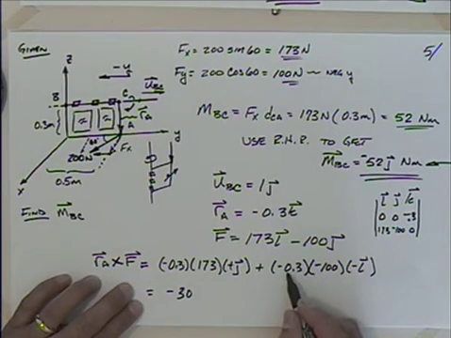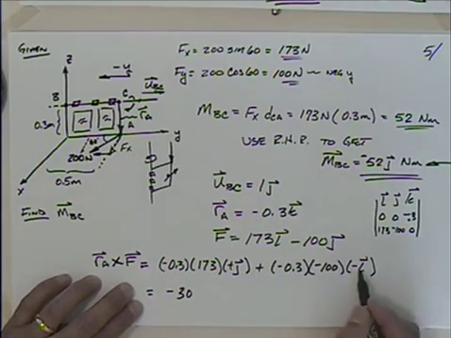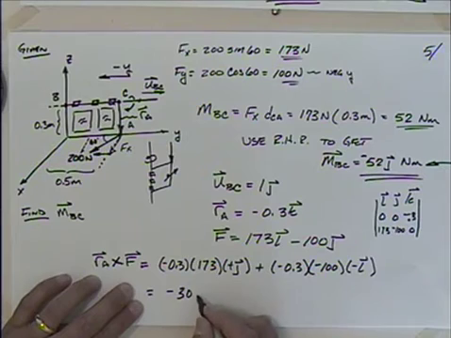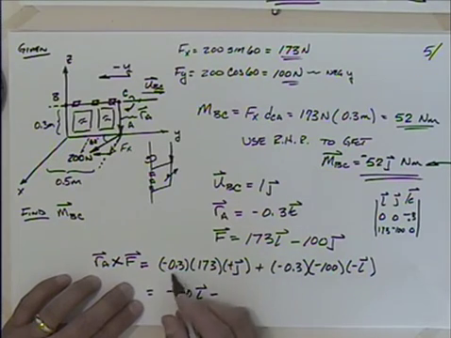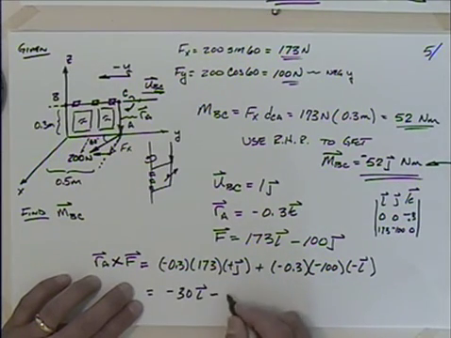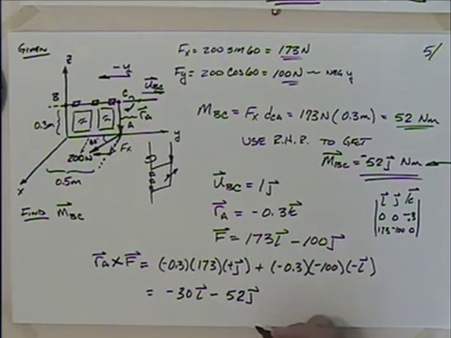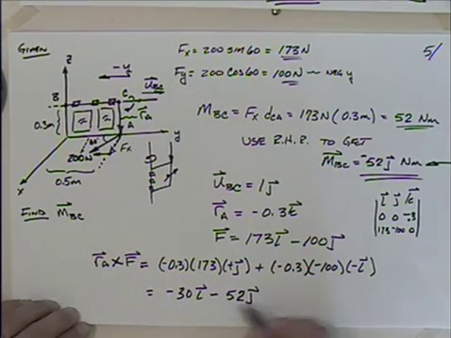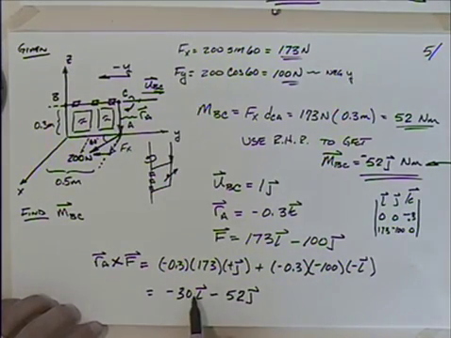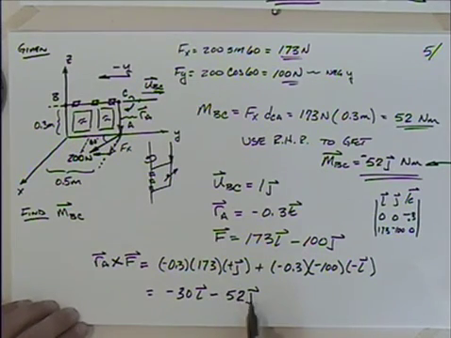This is going to be negative, and a negative, and a negative gives me a minus 30 in the I direction, and then this is one negative, so it gives me a minus 0.3 times 173 gives me 51.9, or we could call that 52 in the J. Okay. So minus 30 in the I, minus 51.9 or 52 in the J.